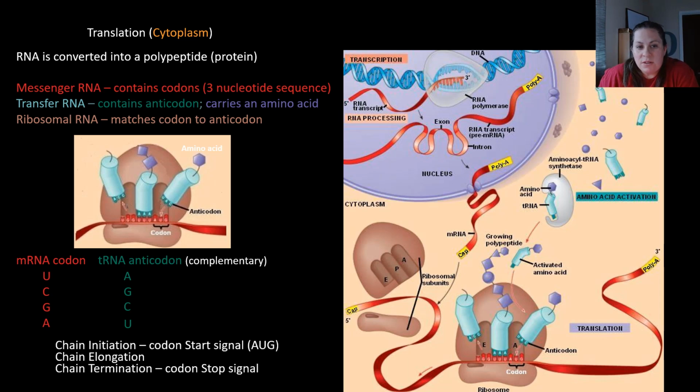So this process goes first with chain initiation, where we start to build the actual protein, and this starts with the codon AUG. AUG is known as the start codon. The polypeptide chain just elongates in step 2 and gets bigger and bigger, longer and longer until we see chain termination. This is where the codon for the stop signal has been reached, and we will stop making that protein.